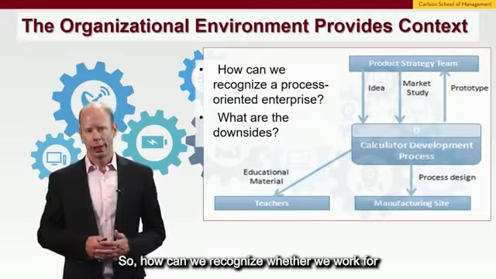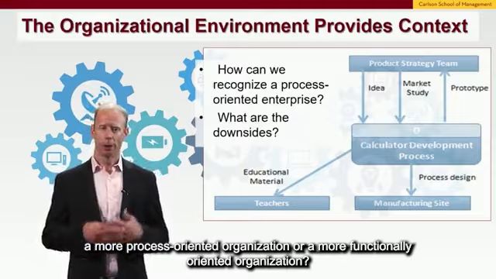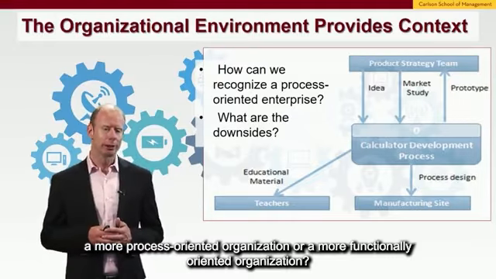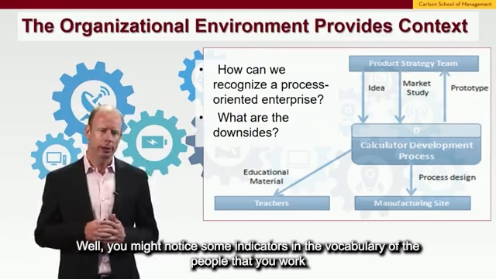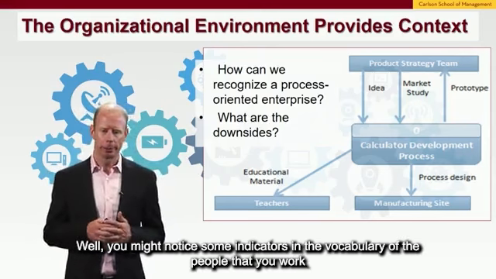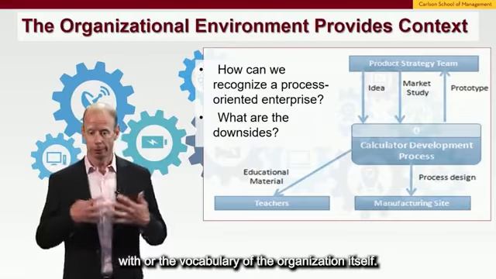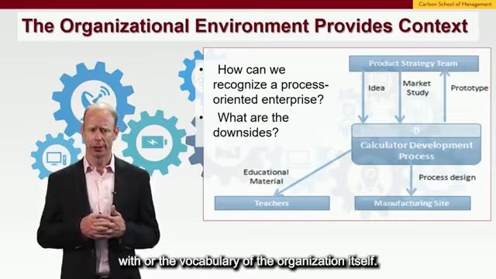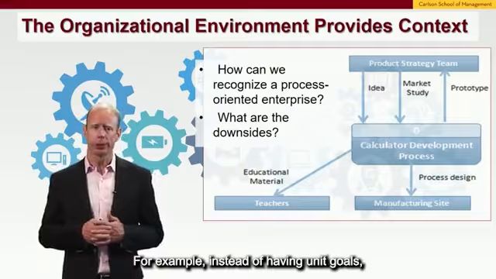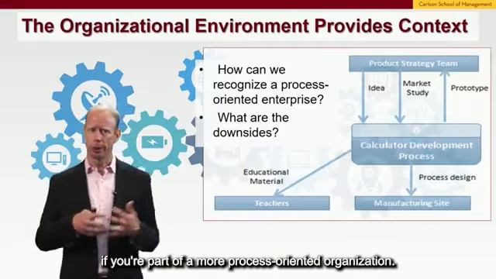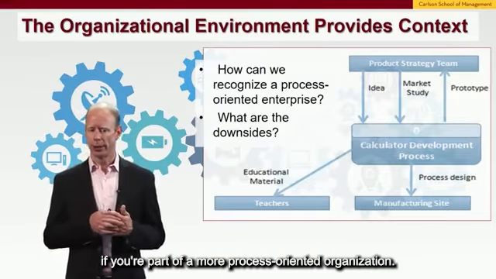So how can we recognize whether we work for a more process-oriented organization or a more functionally oriented organization? Well, you might notice some indicators in the vocabulary of the people that you work with or the vocabulary of the organization itself. For example, instead of having unit goals, you might have process goals if you're part of a more process-oriented organization.